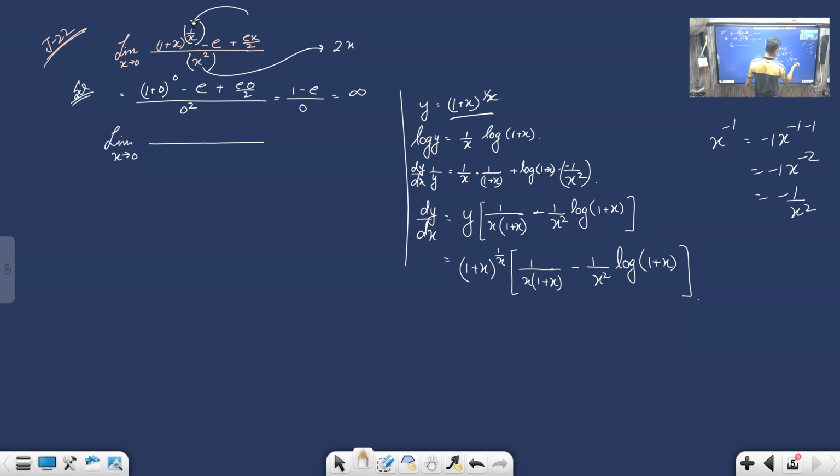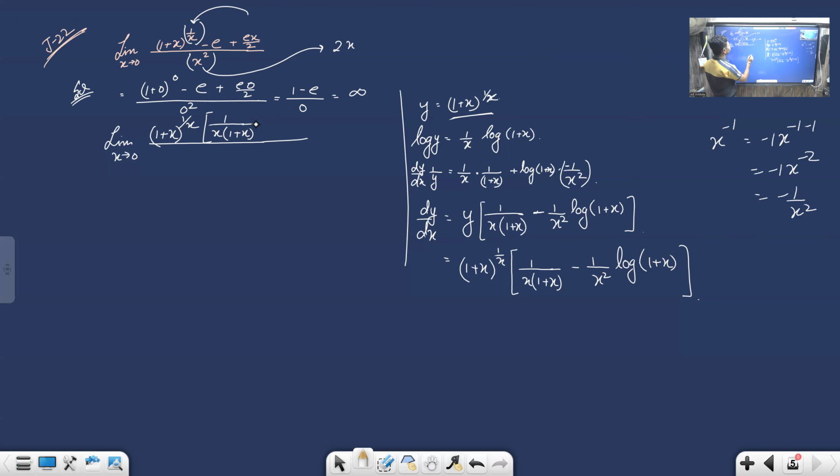So this is my path. Fine. So here it is. I'm ready with that numerator derivative: (1 plus x) to the power 1 by x, open the bracket, 1 by x(1 plus x). This is not getting cancelled out, because 1 by x will always tend to make this function infinity.